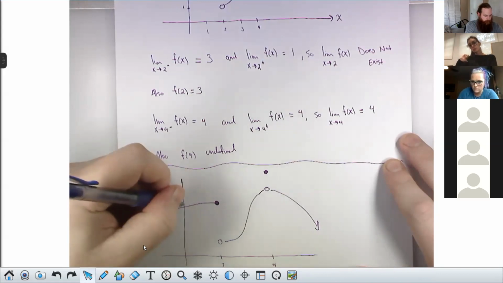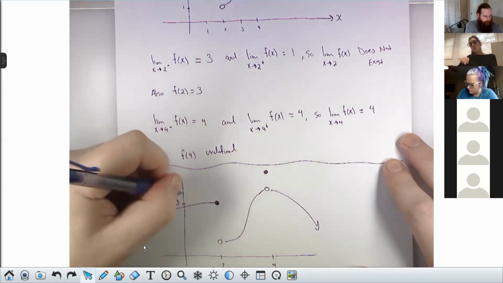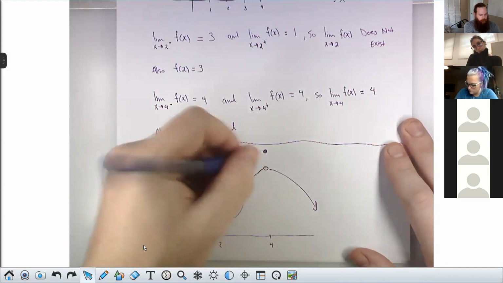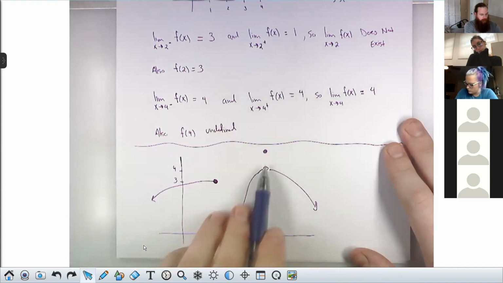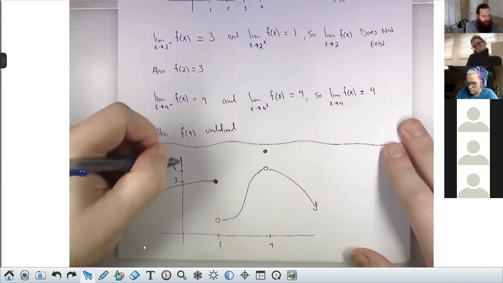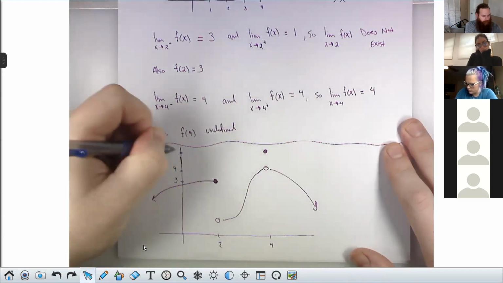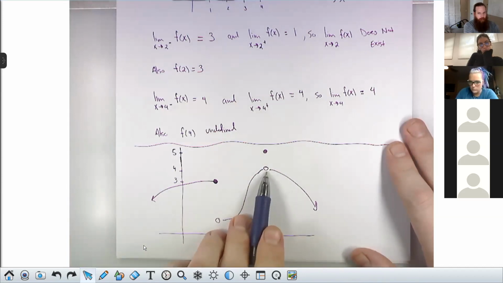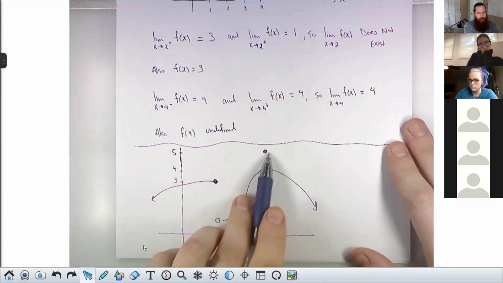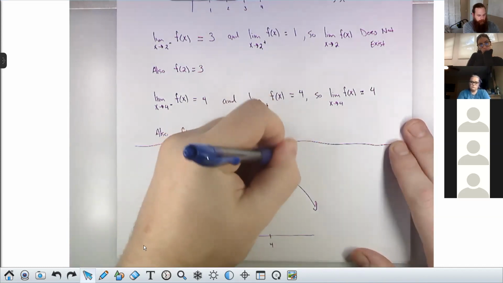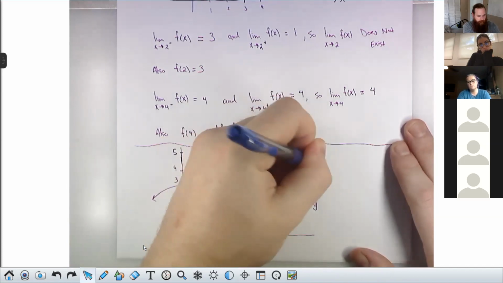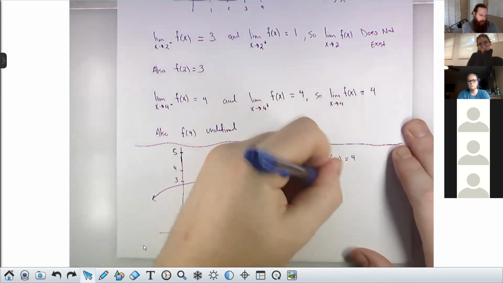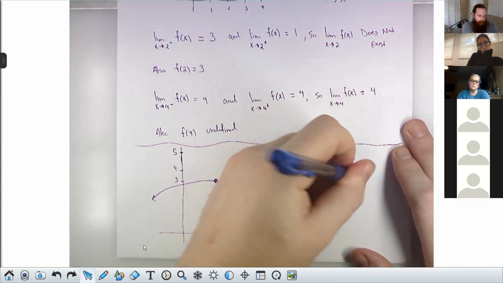If this y value here is 3, this y value up here is 4. But here, the limit as x approaches 4 from the left and from the right would still exist and still have that value 4. But f of 4 would be this value up here, maybe 5. So the value of the limit would be this y value, but the output from the function f of 4 would be this. So here, the limit as x approaches 4 of f of x would still be 4, but f of 4 itself would be 5.